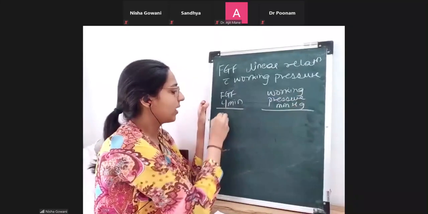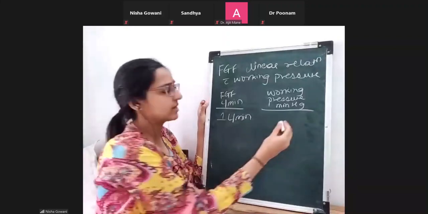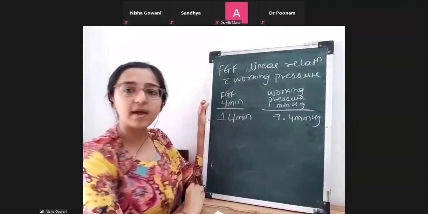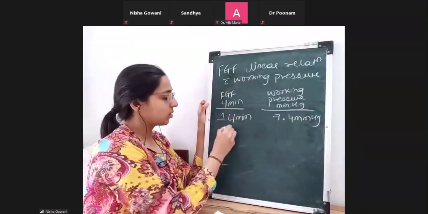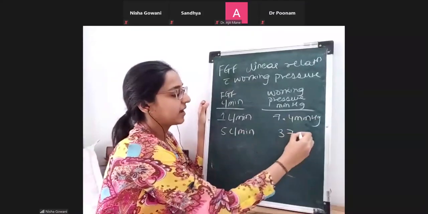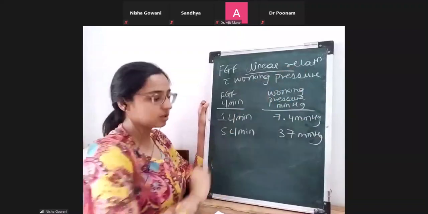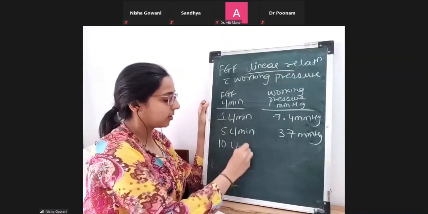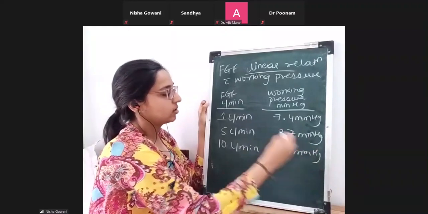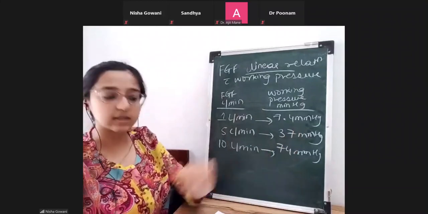At 1 liter per minute fresh gas flow, no matter which gas I use, the working pressure achieved is 7.4 mmHg. Then at 5 liters per minute, when they increased the fresh gas flow, this became 5 times. So you understand that there is a linear relationship. When they made it 10 liters per minute, the working pressure was 74. Do you see this linear relationship between the fresh gas flow and the working pressure?